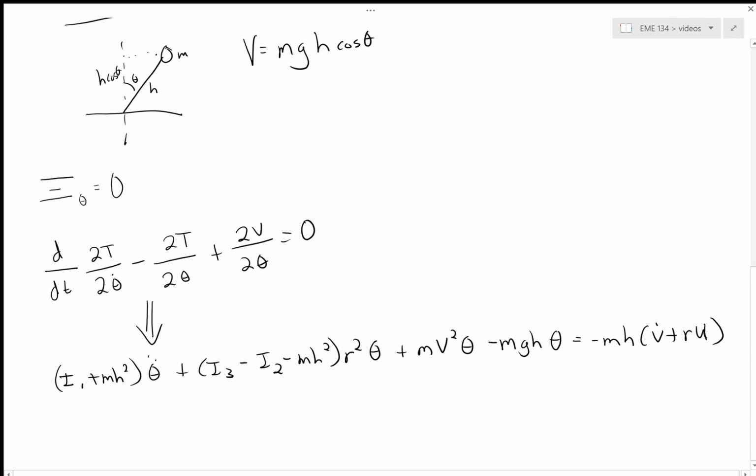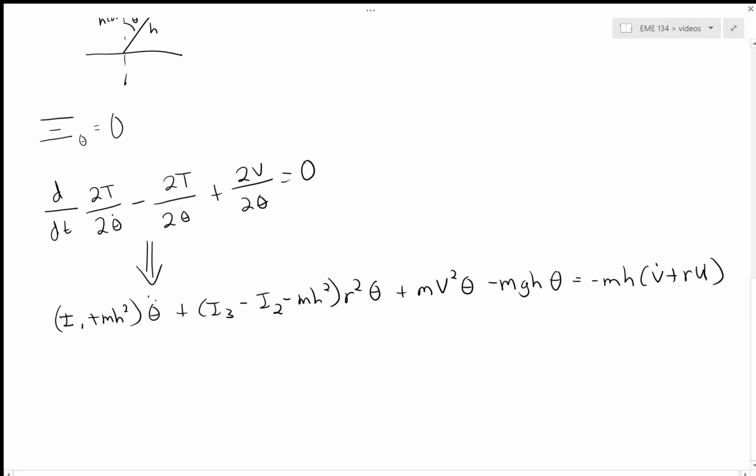Okay. So this is the full equation of motion that results. And I will come back after that.